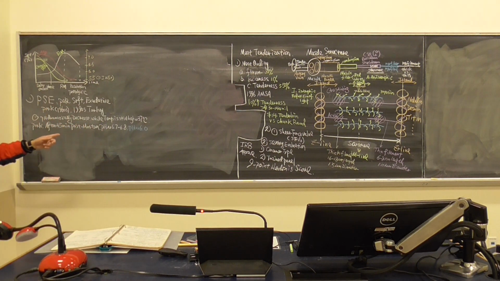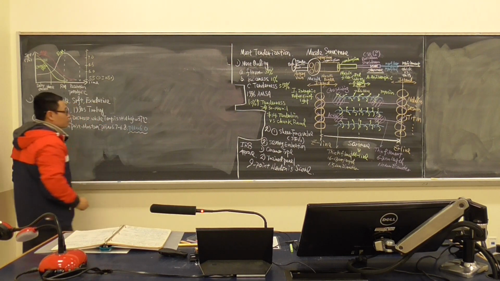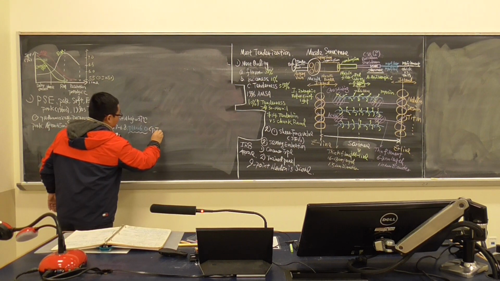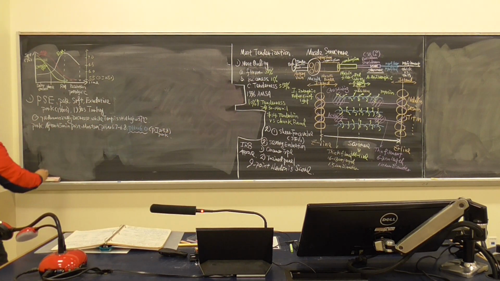So for pork, this pH is very close to the pI of the pork itself. The pork is about 5.8, and beef is 5.0.